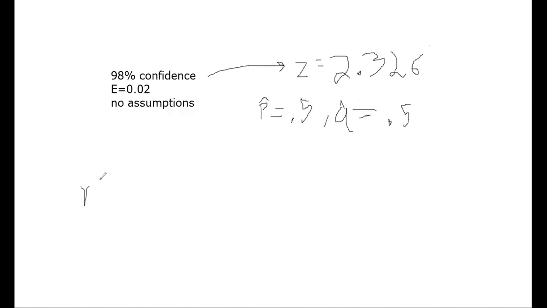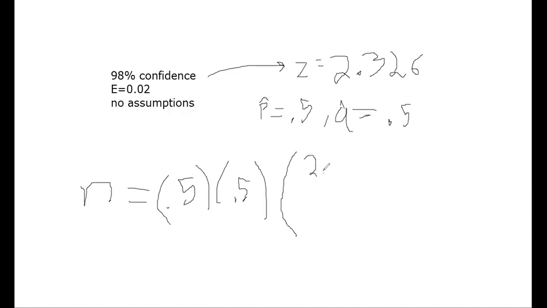So our sample size is going to be p hat, which is 0.5, times q hat, which is 0.5, times our z, 2.326, over our error, which is 0.02. And this part, again, gets squared.